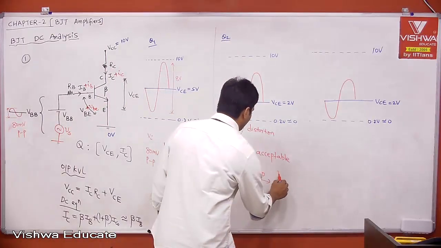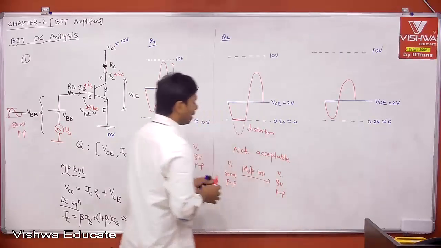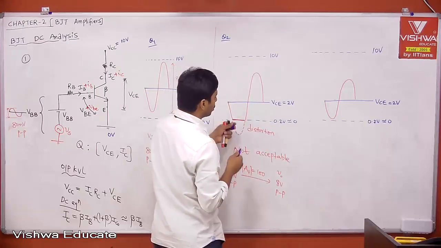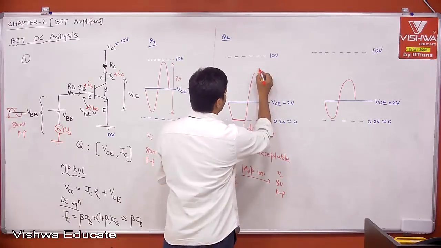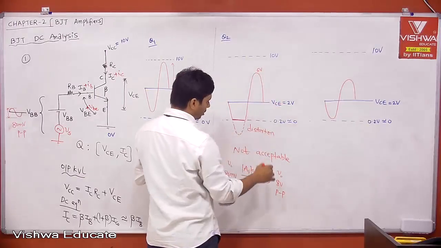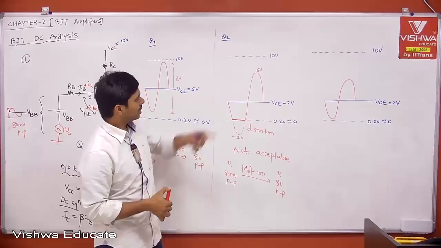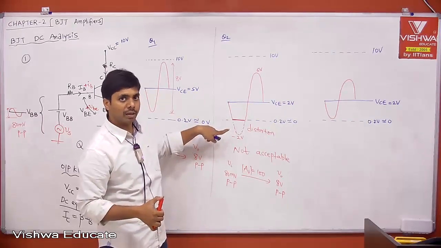I'm expecting V0 to be equal to 8 volt peak to peak. Let us say this is 2. Then definitely I'm expecting this to be 6 volt here. And now 2 minus 4, I'm expecting this to be minus 2 volt. Then only 6 minus of minus 2, you will get 8 volt peak to peak.